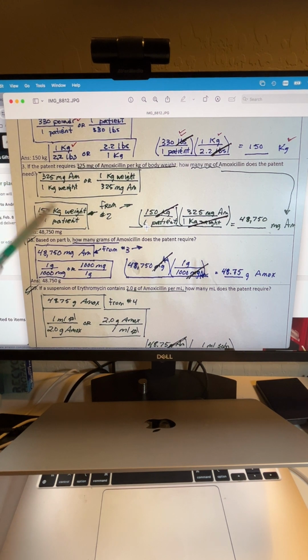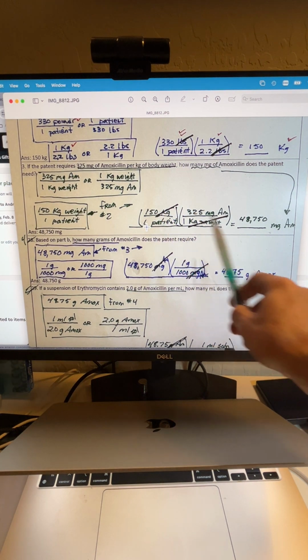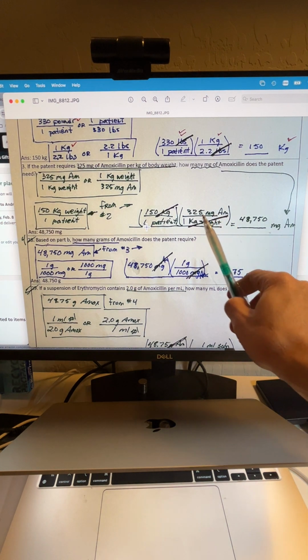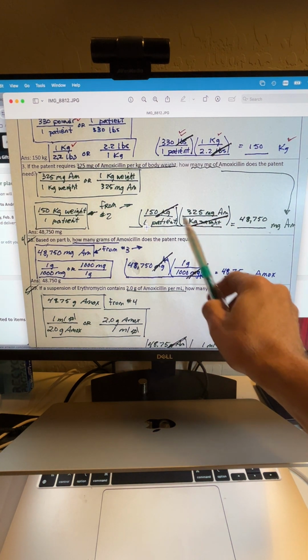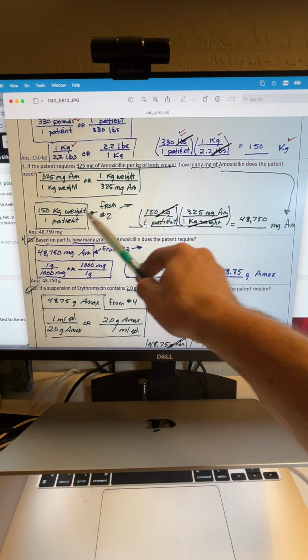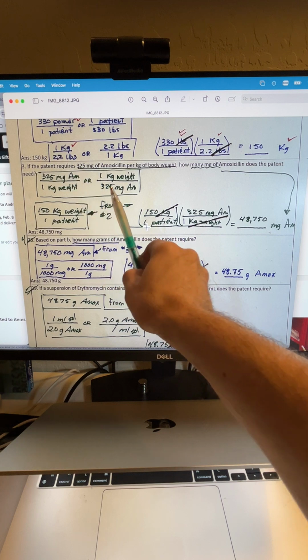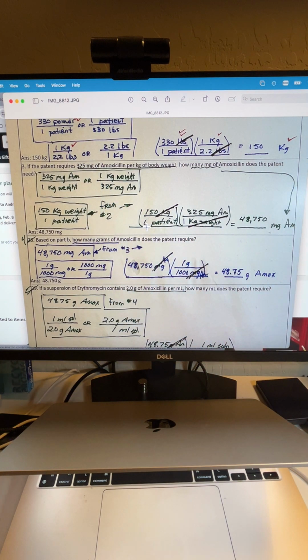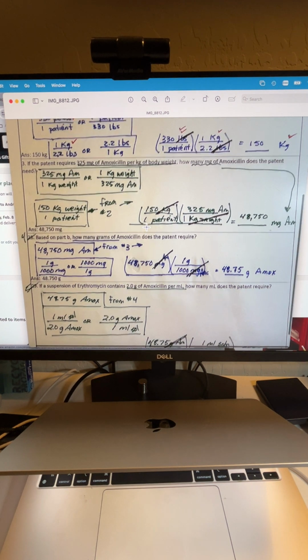It does. So we set it up just like before. Milligrams, look how milligrams is in the top. That means we'll get it as the answer. Kilograms is on the bottom, so kilograms has to be on the top, so we can cancel it. And it tells you which conversion factors you use. Multiply it out, and you get a bunch of milligrams of amoxicillin.